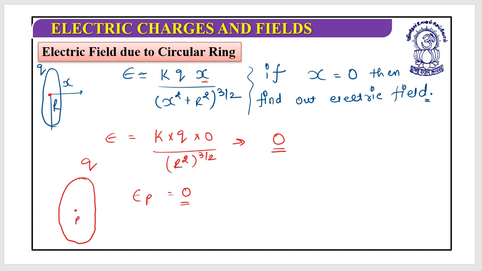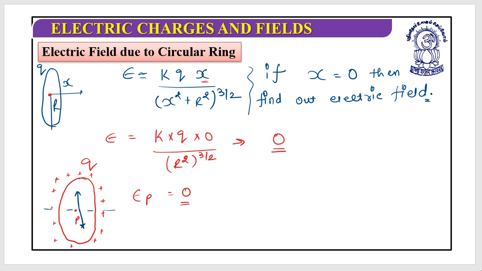Why does this happen? Do you remember this? Let's say a charge q would be distributed something like this. Are you agreed with this? Okay. So if I consider the electric field due to this segment, it would be in the upward direction. And if I consider the electric field due to the upward segment, it would be in this direction.